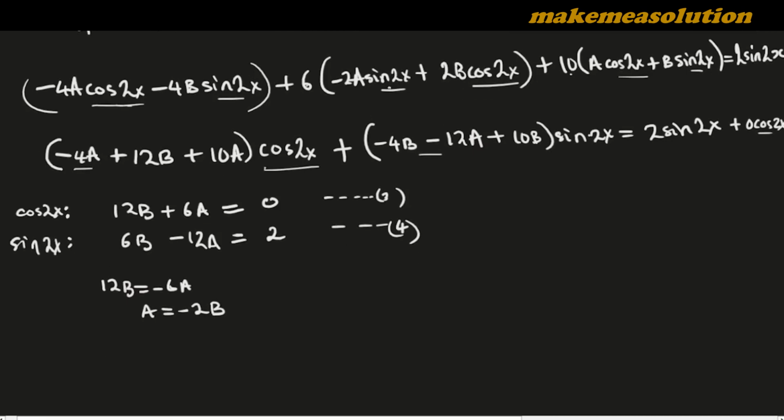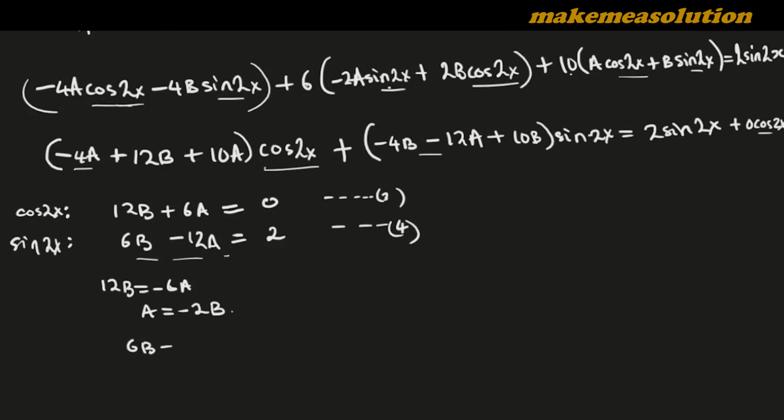So when you slot this a equal to minus 2b into this second equation, you're going to get 6b minus 12 into minus 2b is equal to 2. So you get 6b plus 24b is equal to 2. In other words, 30b is equal to 2.